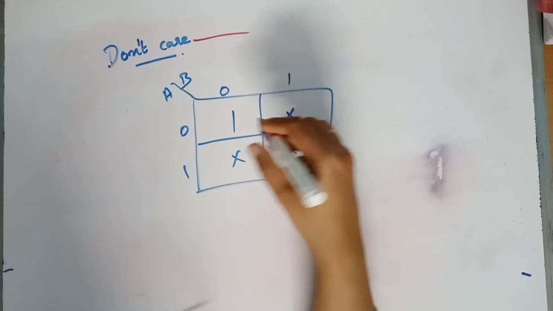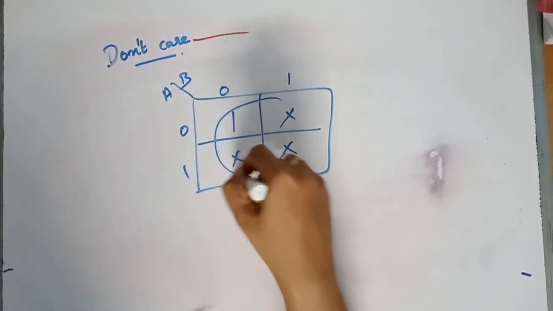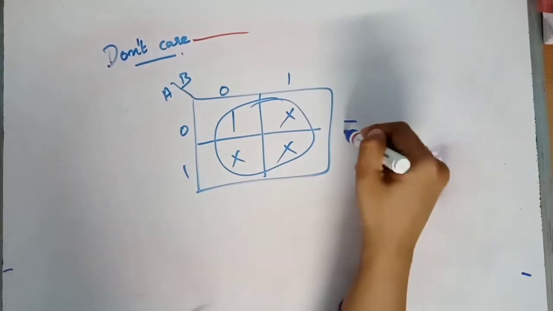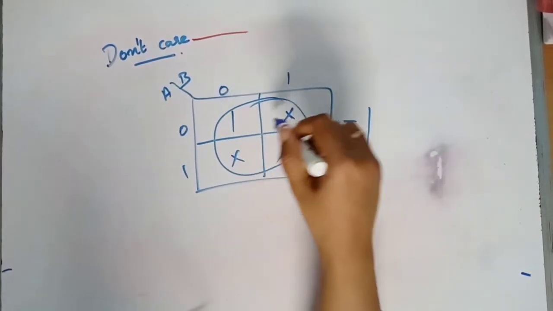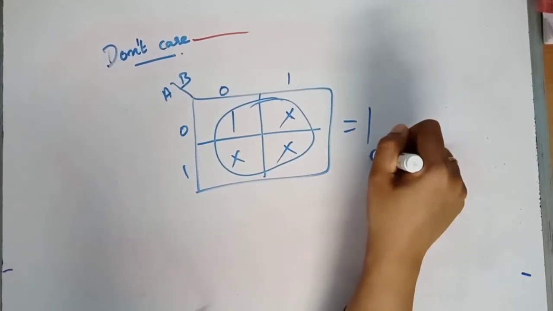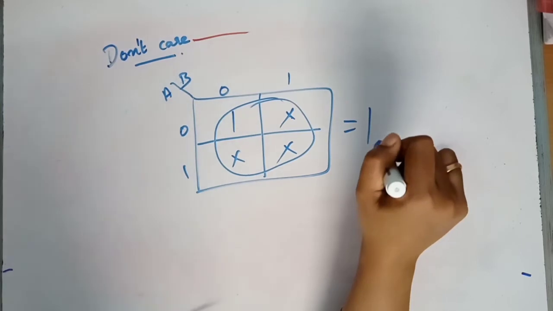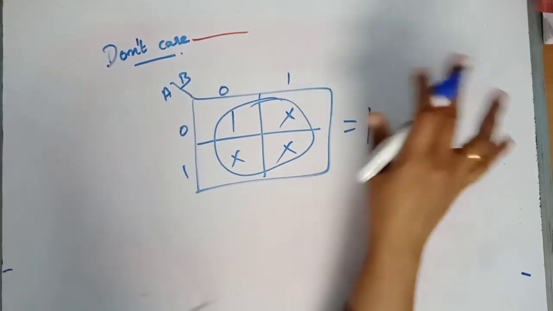In this case, instead of grouping the single one, you can group it as 4 in a group and write it as 1. Here you need these 3 don't cares in order to simplify the expression. So wherever necessary you should use the don't cares. If not necessary, don't use the don't care.